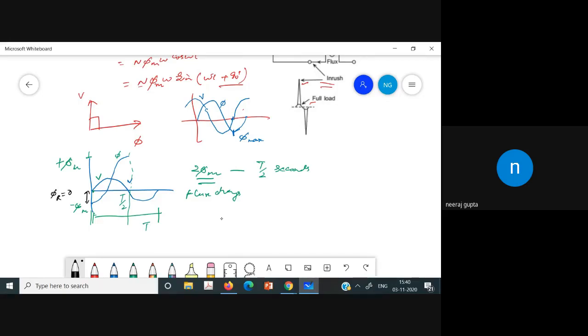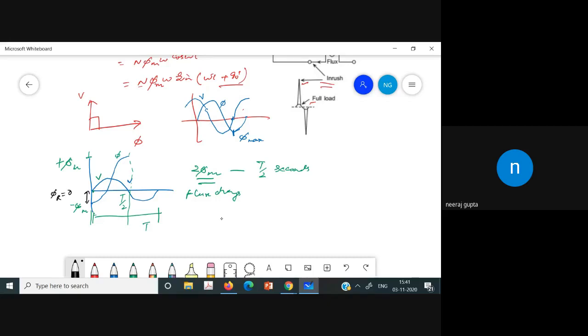The initial value of the flux is 0, and from this waveform you will see the flux must have the same rate of change, that is 2 phi m in T by 2 seconds. So the flux must have the same rate of change and the same waveform as it has during the steady state.